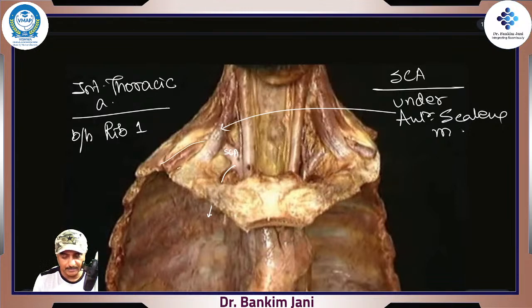This is the subclavian, the boundary. This one is the cut end. That's the subclavian. Now I think you should be able to appreciate it better. This big one is the muscle. So that's the subclavian, and the internal thoracic is the branch of it.